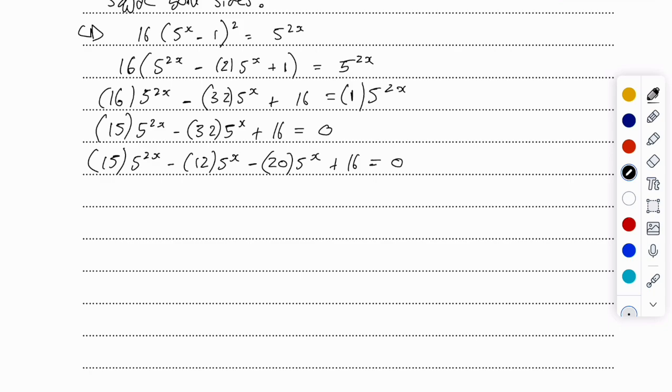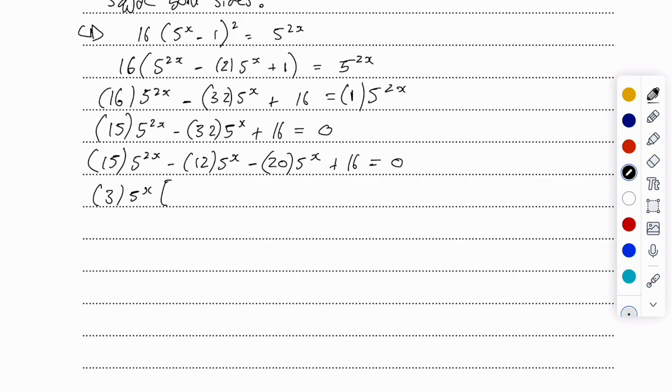If we want to chop this up a little bit, I can turn this into 3 times 5 to the x, times, and really you could use a dot here instead to show multiplication, but I'm trying to keep things clear so I don't get confused.